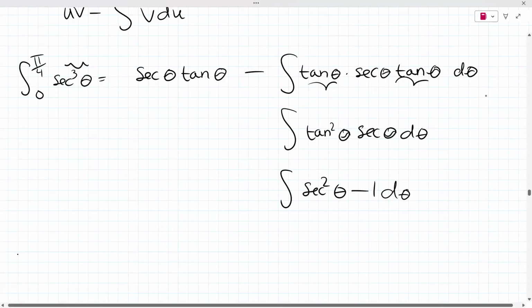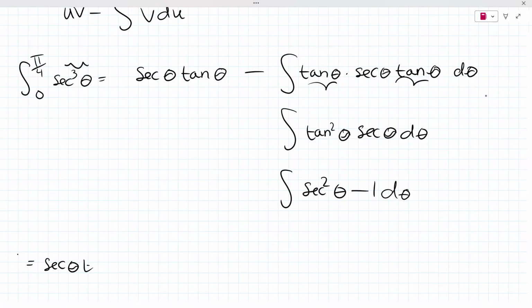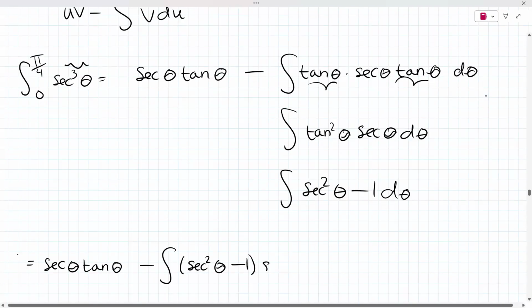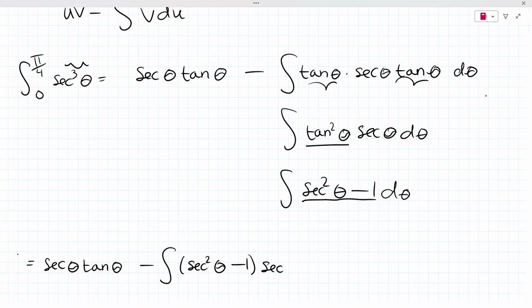Okay, so if we simplify this, this is going to be secant theta tan theta minus the integration of secant square theta minus 1, and then you still have this extra secant theta d theta.